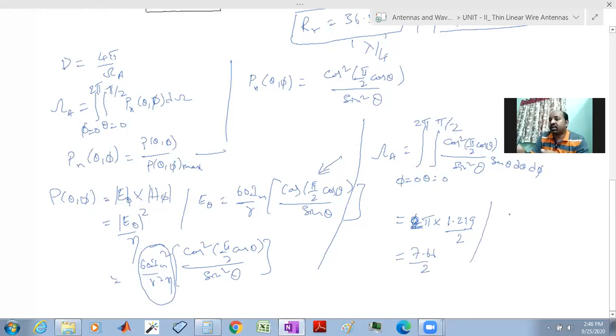If you know the beam area, we can determine the directivity, which is equal to 4 pi by beam area. The beam area is half of the earlier value, 7.66 divided by 2.